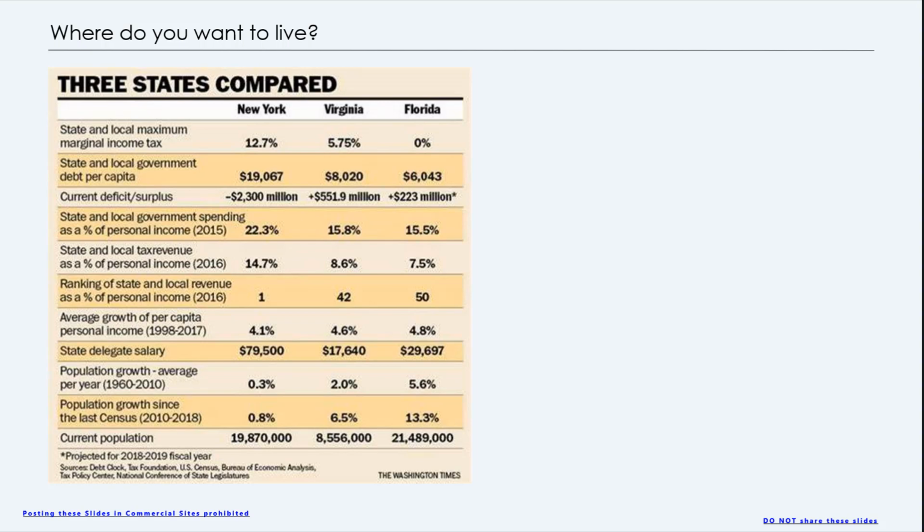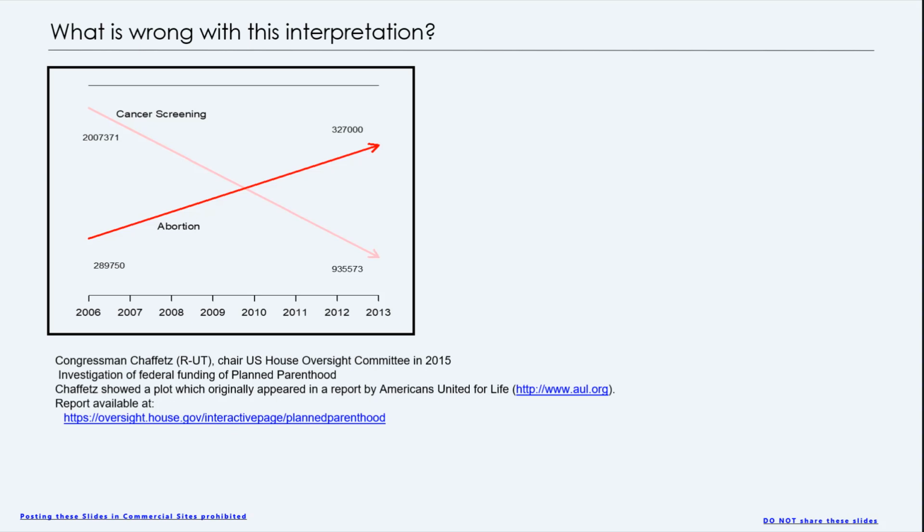New York, Virginia, Florida, then you can get all this data from various sources, and then you can model it and see which state gives you the right kind of things, because there are lots of variables that you want to look at when you make a decision to live in a particular state.